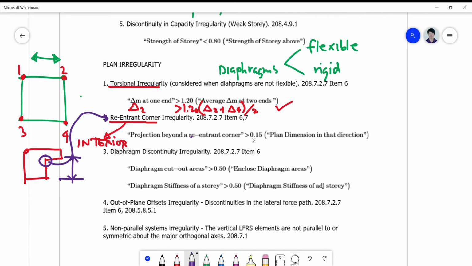It must not be greater than 15% of the plan dimension. What's the plan dimension? If this is letter D and this is your X, then X must not be greater than 15% of D, or else you will have a reentrant irregularity. So that's how to diagnose this.